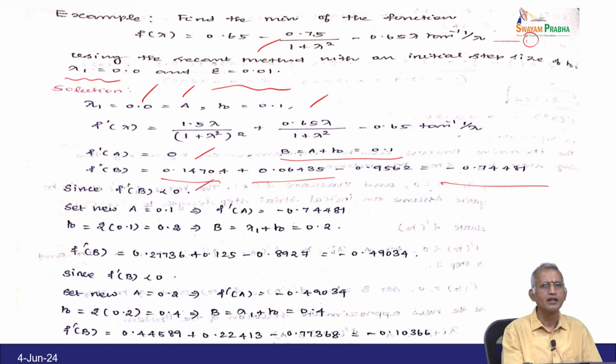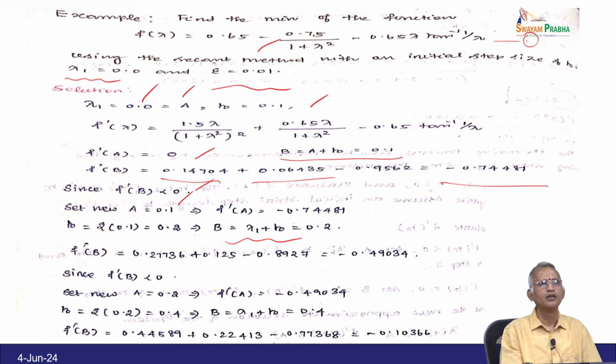Since f dash of B is negative, set A equal to 0.1, therefore f dash of A equal to minus 0.74481. Here t naught is 0.1 and multiply with 2, so 0.2. Therefore, B equal to A plus t naught equal to 0.2.